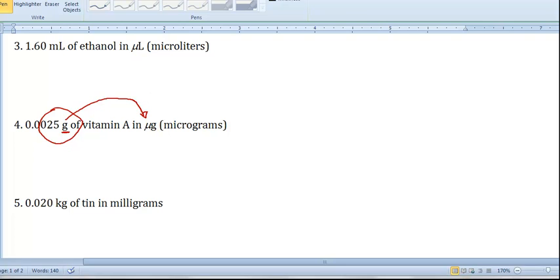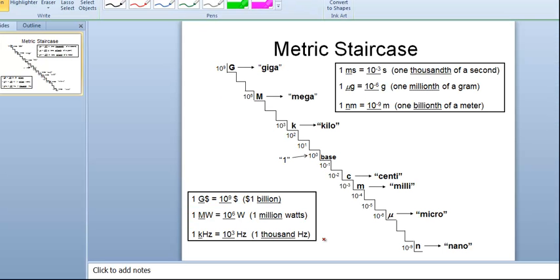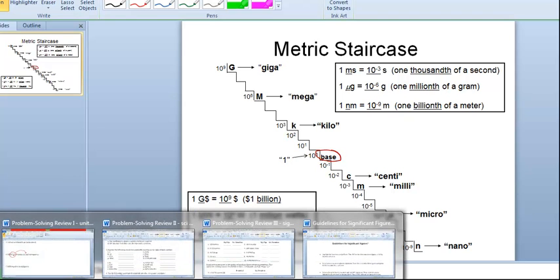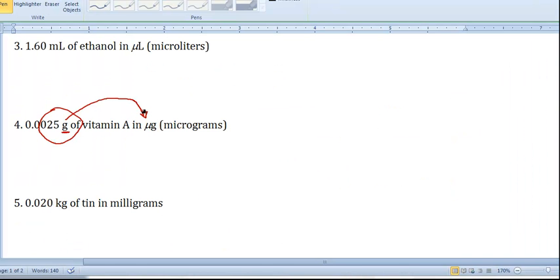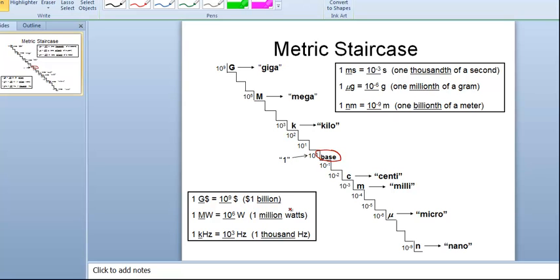So if I flip over to the metric staircase, grams is a base unit. So back on the problem, the way it's stated, there's no prefix here. It's not kilograms, it's not micro, it's not milligrams, it's just plain grams. So that's what you would call just the base unit.